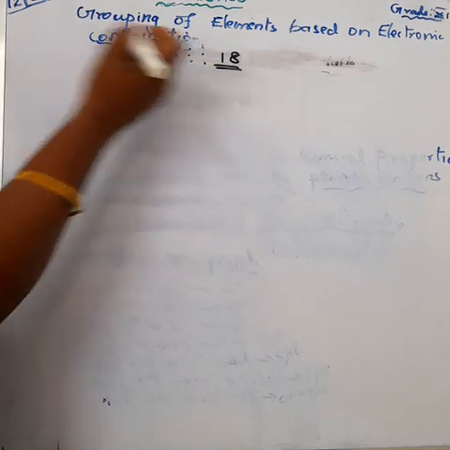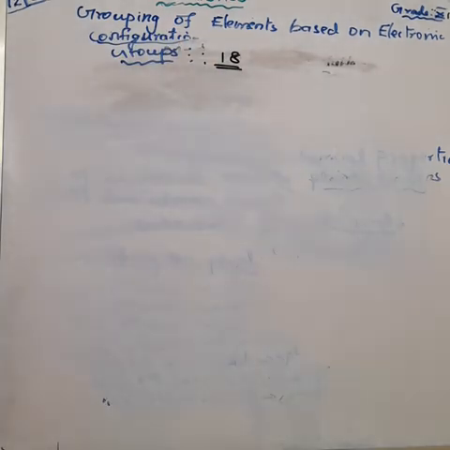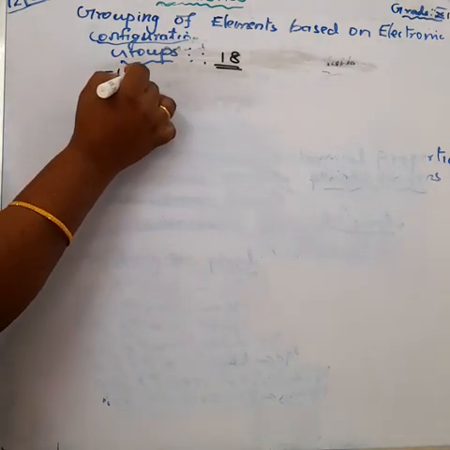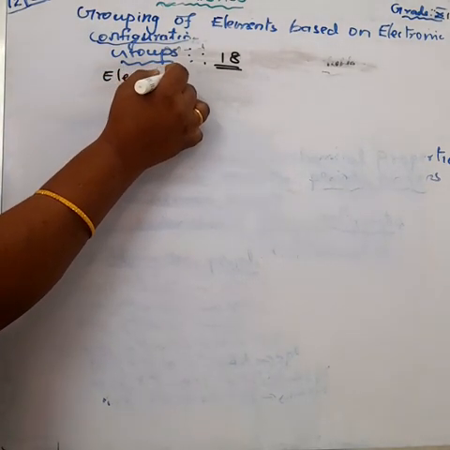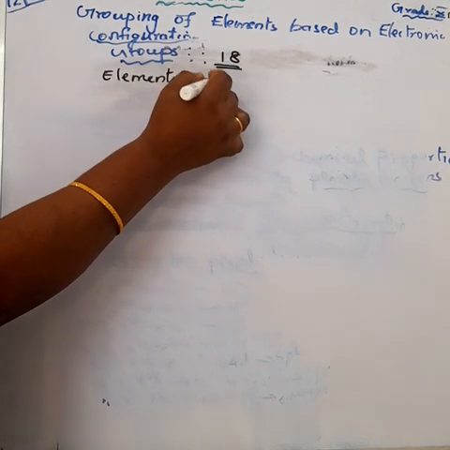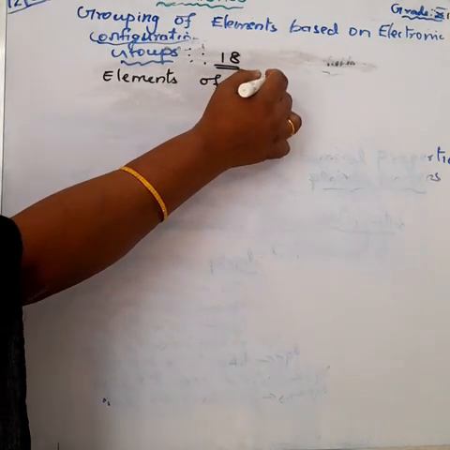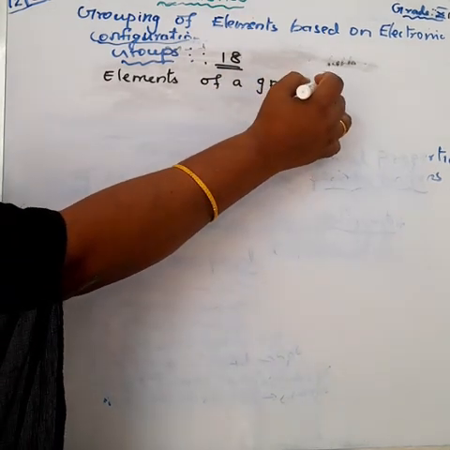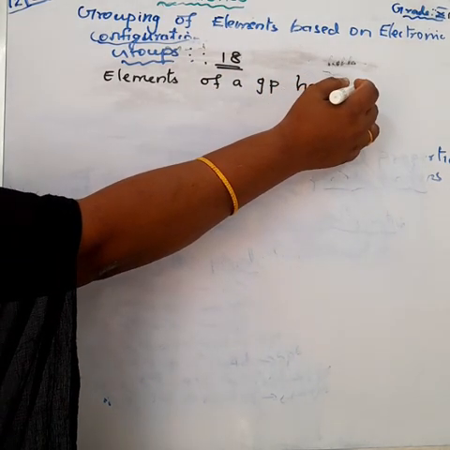The elements of a group have similar electronic configuration in their outer shell. Listen here. The elements of the same group have similar electronic configuration in their outer shell.